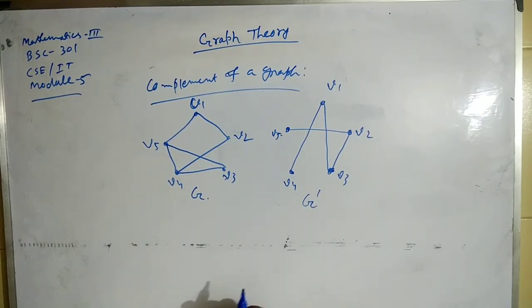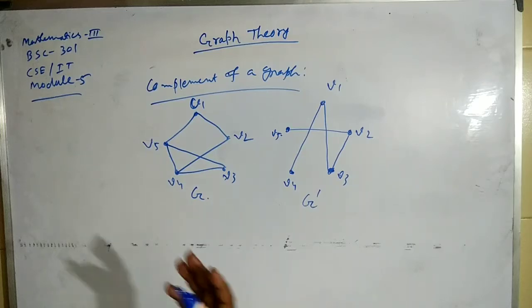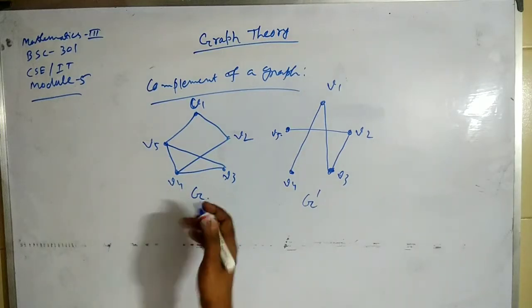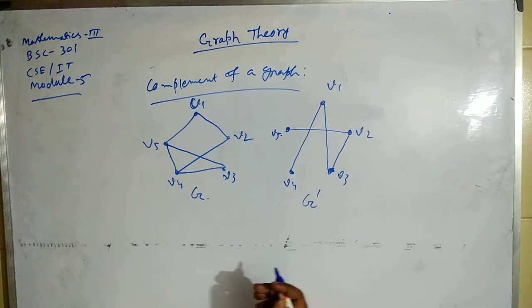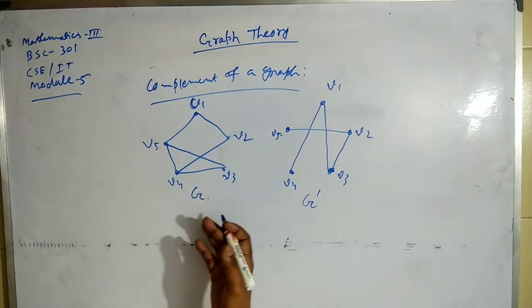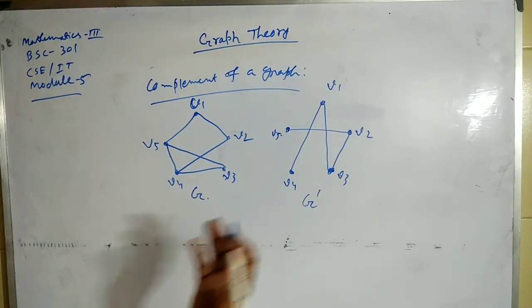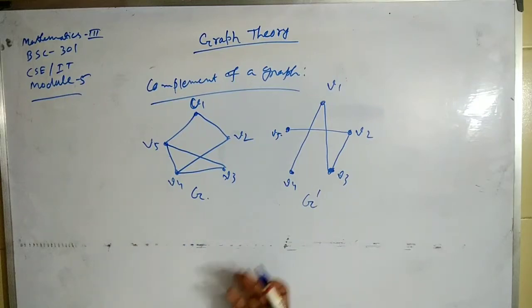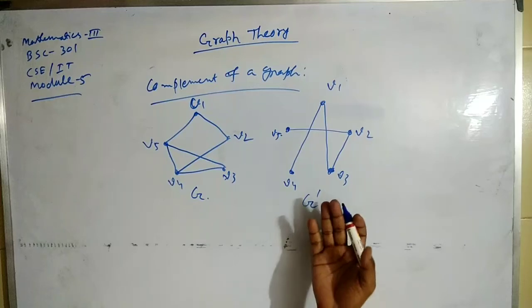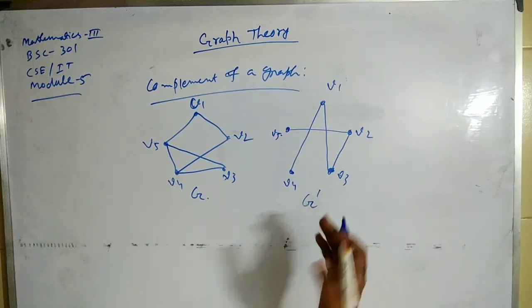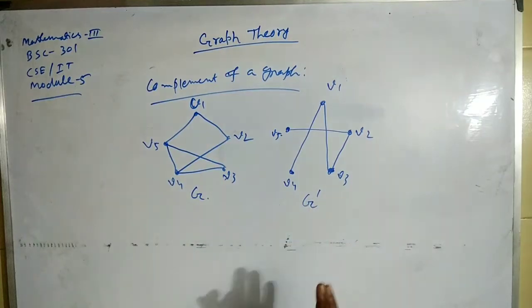If you know the number of edges in the complete graph, and you see the number of edges in your present graph, then after subtracting the present number from the number of edges in the complete graph, you will know the remaining number of edges, and that will be identical to the number of edges in G dash. I have not discussed that property yet; I will discuss it later.